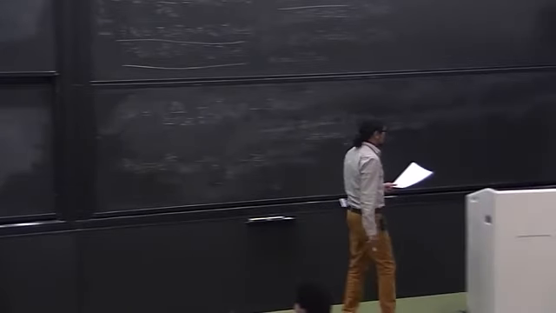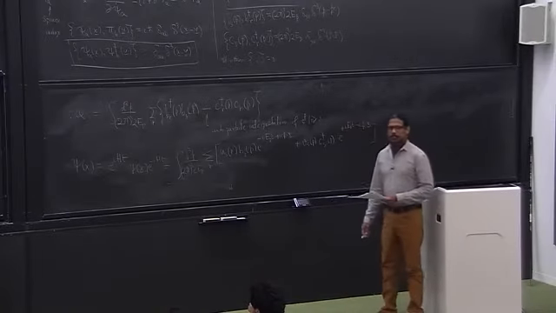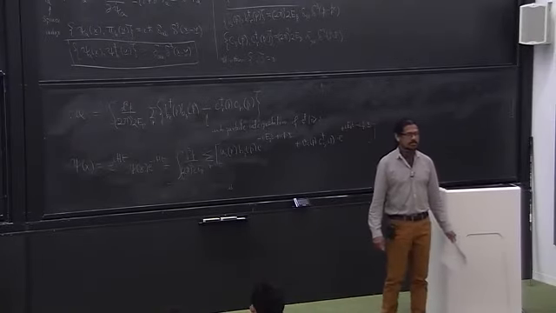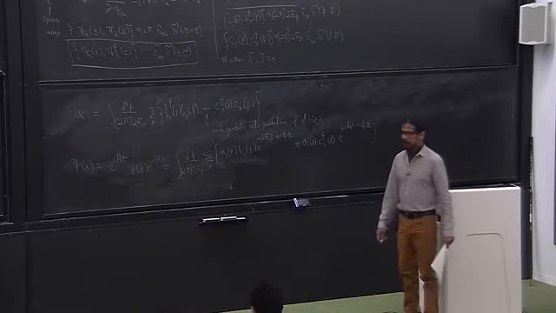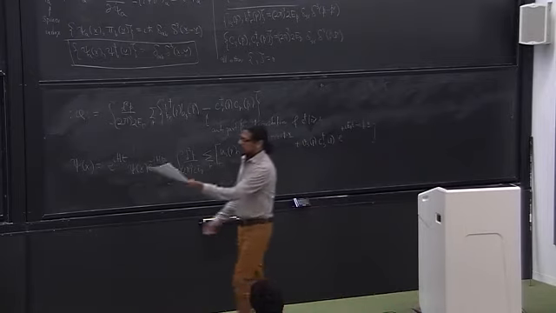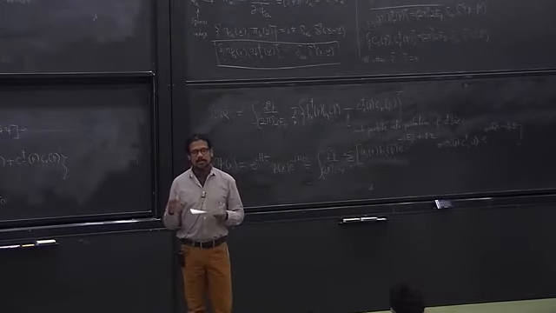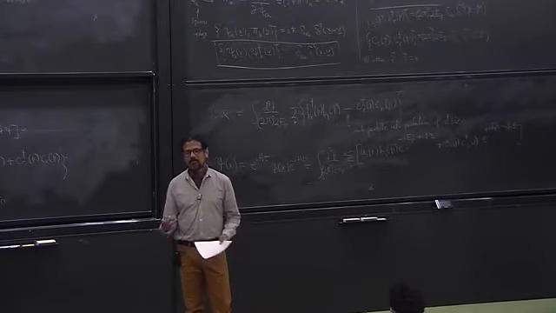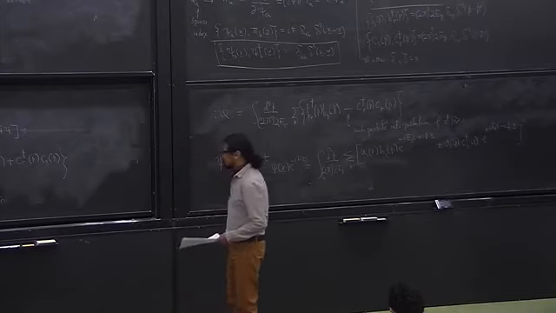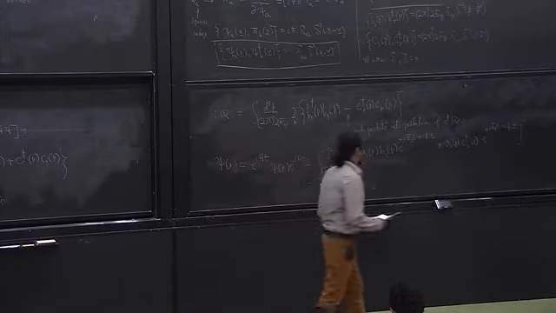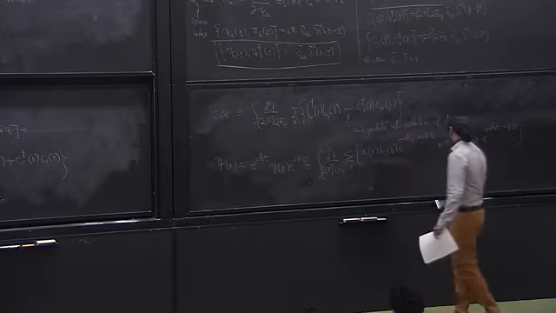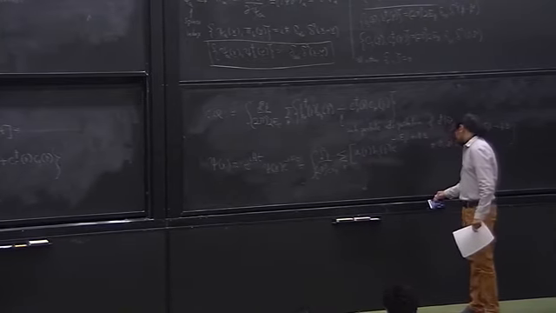So remember that I promised you an infinite dimensional unitary representation of the Lorentz group. These one particle, two particle, multi-particle states form that infinite dimensional unitary representation of the Lorentz group. So what do I mean by that?